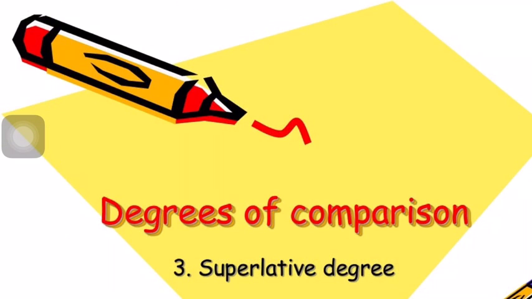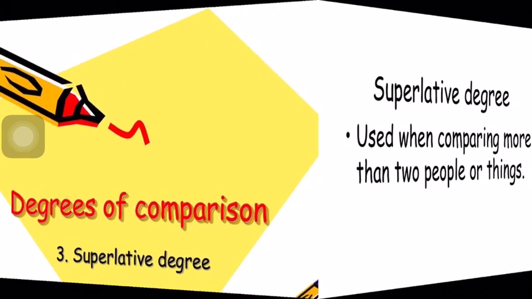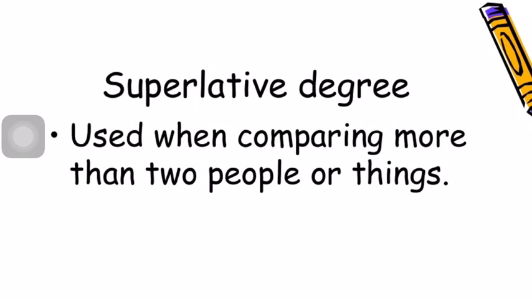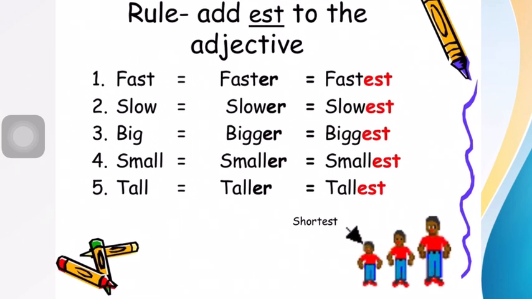Comparison. Third, superlative degree. Superlative degree is used when comparing more than two people or things. Rule: add est to the adjective.